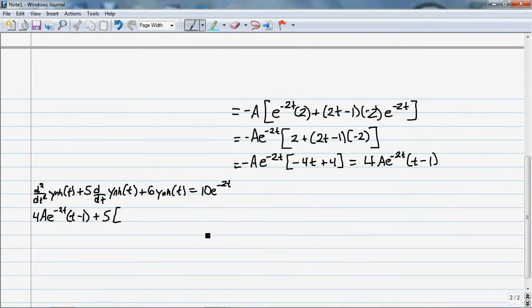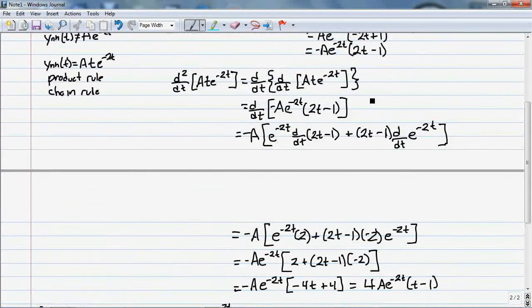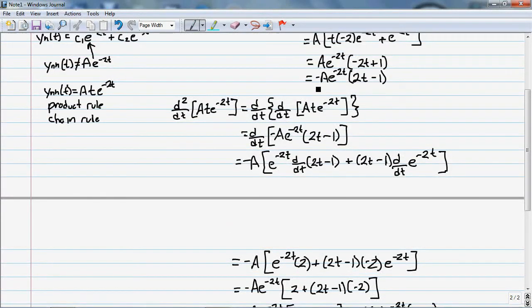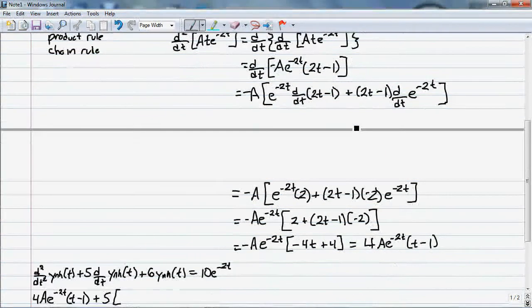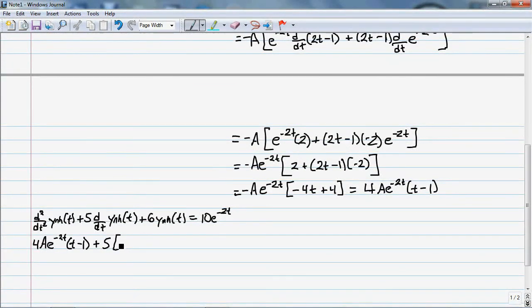We can get our first derivative. And our test solution.